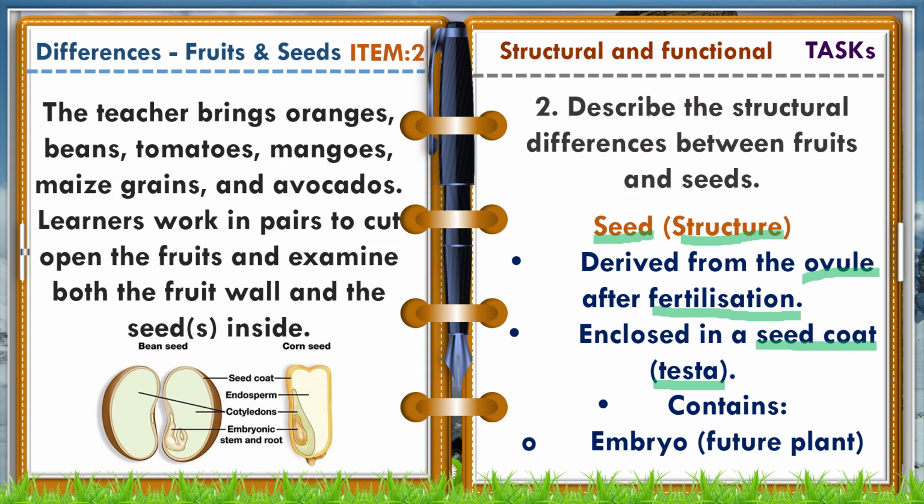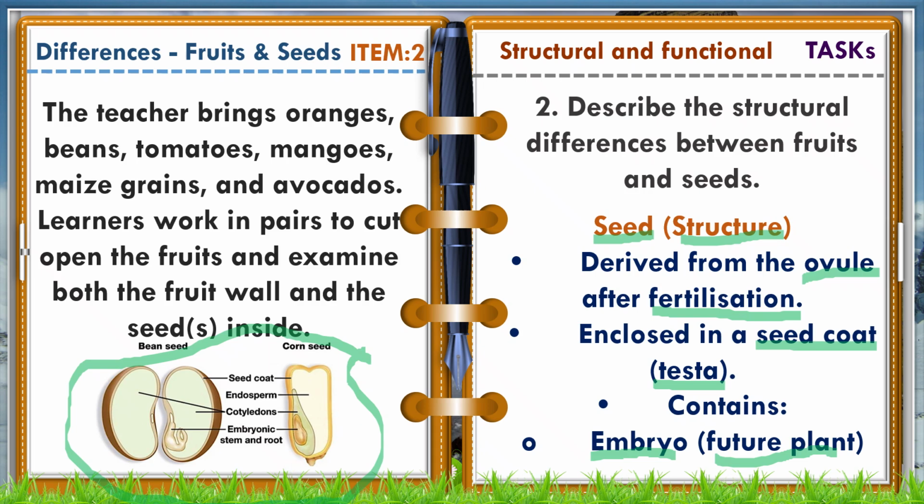And it contains the embryo, or what we call the future plant. So here we have our seeds, and these seeds are formed from the ovule after fertilization.